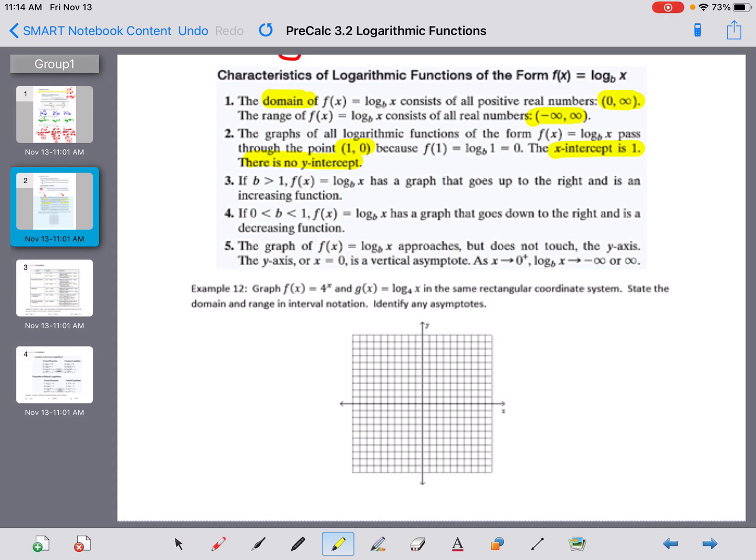Our exponential used to have a graph that went up and to the right, and it evened out. Now we're going to come from the bottom and go to the right, okay? It's going to do this inverse thing. And that's if my base is larger than 1, and it's just the opposite if the base is smaller than 1, okay?